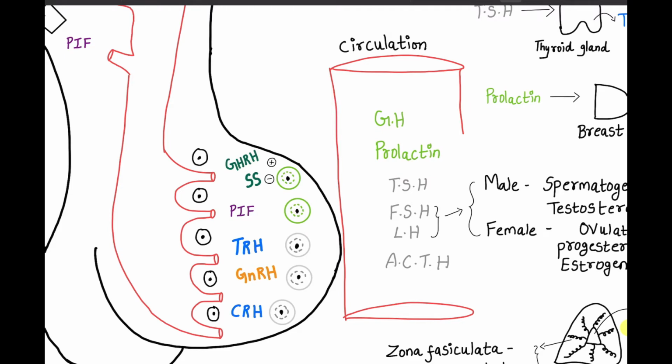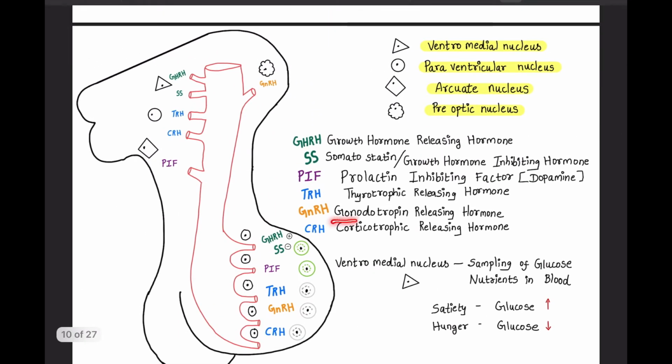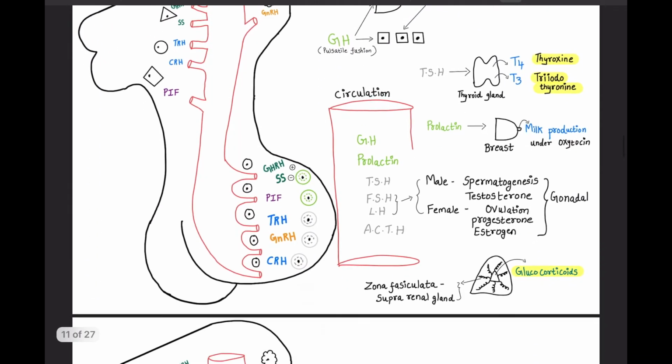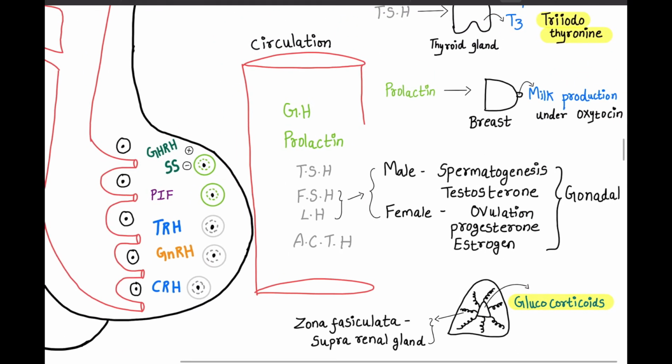Thyrotrophic releasing hormone acts on the basophilic cells, and it secretes the thyroid stimulating hormone. Gonadotrophin releasing hormone acts on the basophilic cell, and the name itself is self-explanatory: gonadotrophin releasing hormone is related with the gonads, that is male and female gonads.